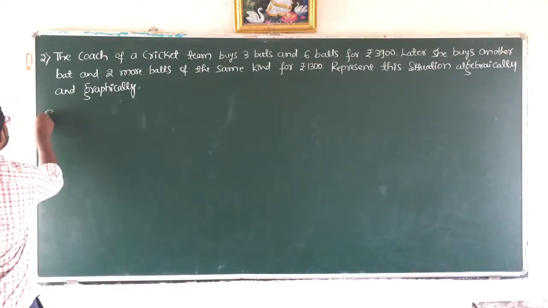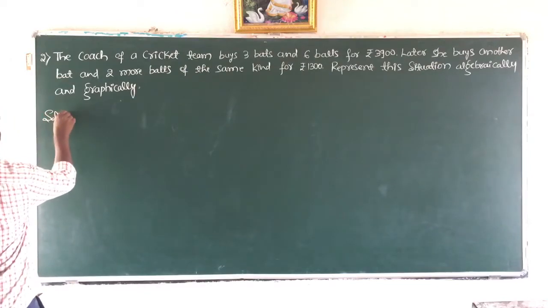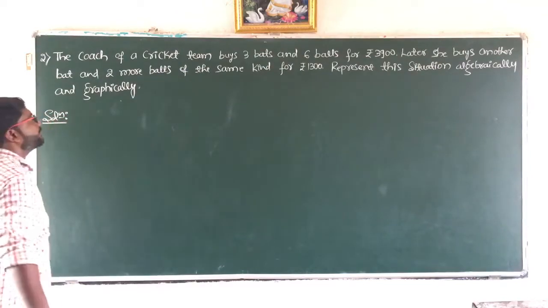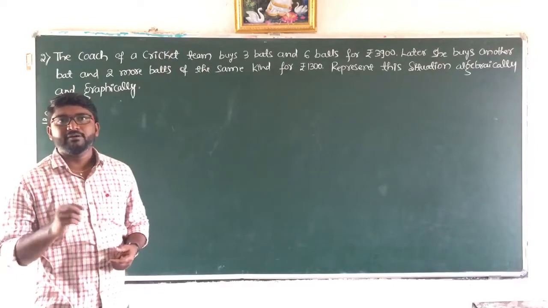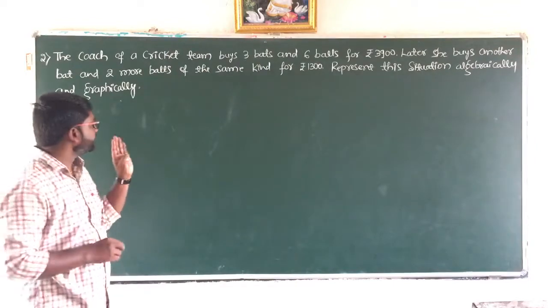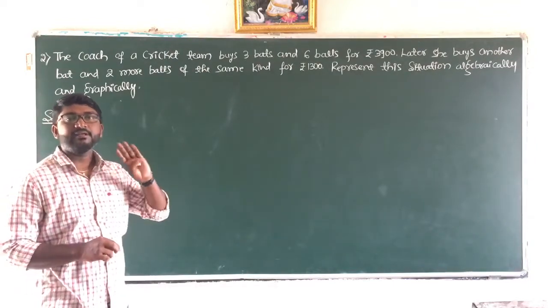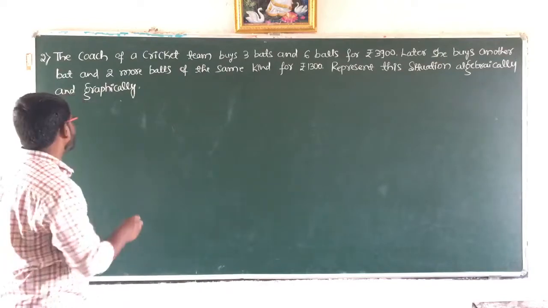So see here. So here we don't know the cost of one bat and the cost of one ball. That is why what I do is I consider the cost of one bat as X rupees and the cost of one ball as Y rupees.